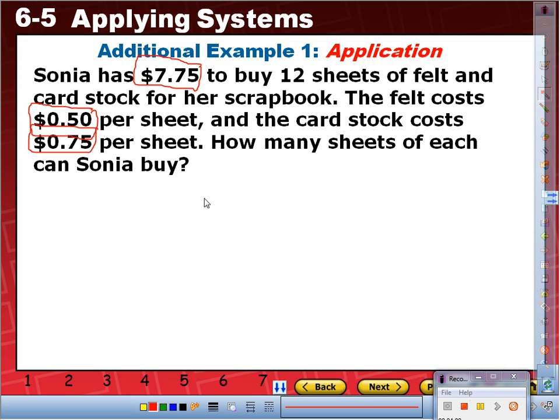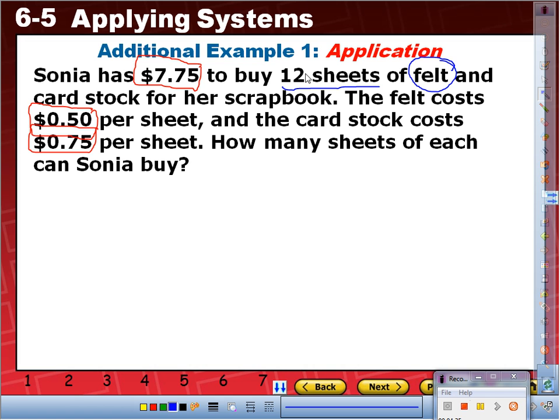Okay? For those of you that have your colored pens, right now it's a good time to use them because we're going to use two or three different colors to differentiate the type of information. So Sonia has $7.75 to buy what? What is she going to buy? 12 sheets, and I'm going to do that in blue. 12 sheets of what?